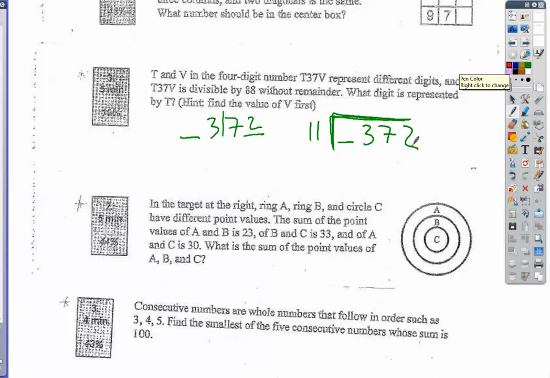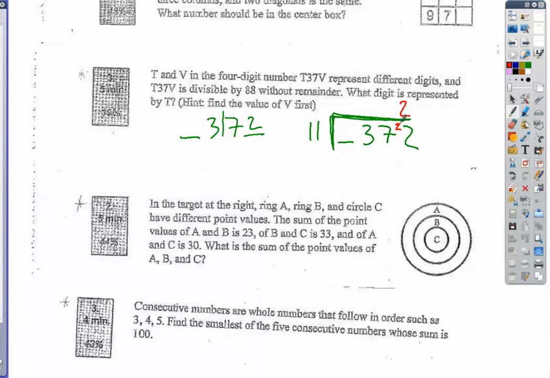So for this thing to go in evenly, we know that 2 times 11 is 22. It's the only way to get this last number to be a 2. Well, if that is the case, that means we have had to carry a 2.